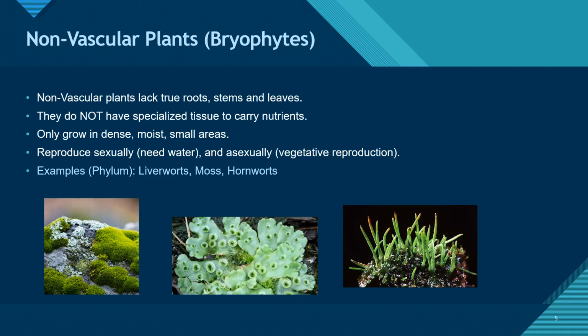I'll let you guess which ones are which, and then I'll write them in the blanks. These ones over here are hornworts, these ones are moss, and these ones are liverworts. You can tell what they are just based on their shape.